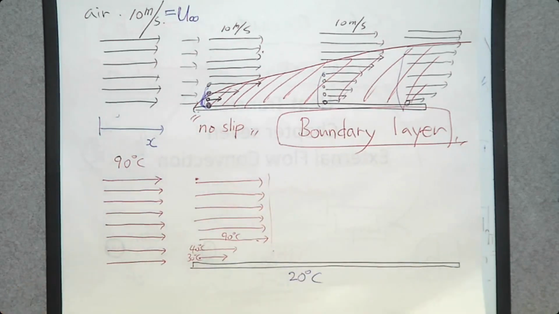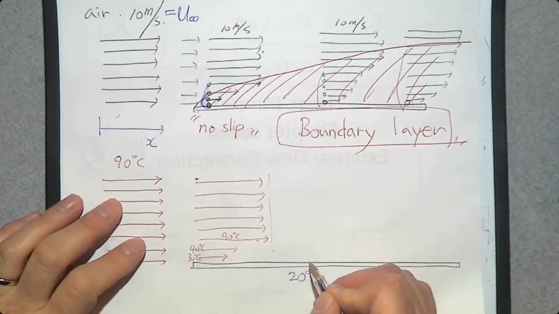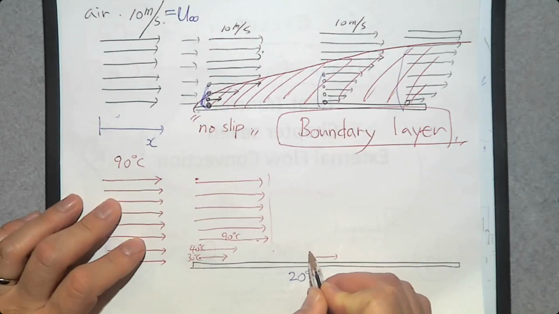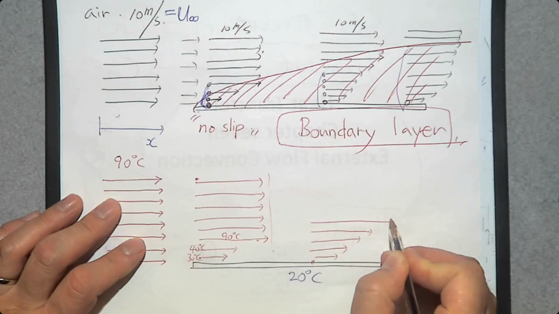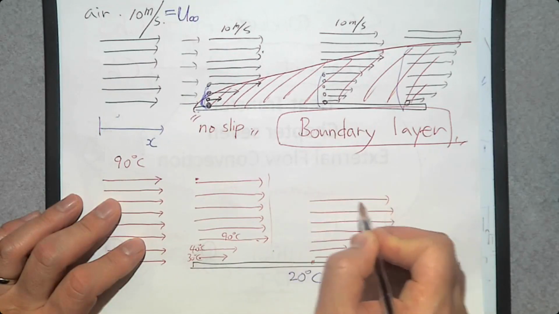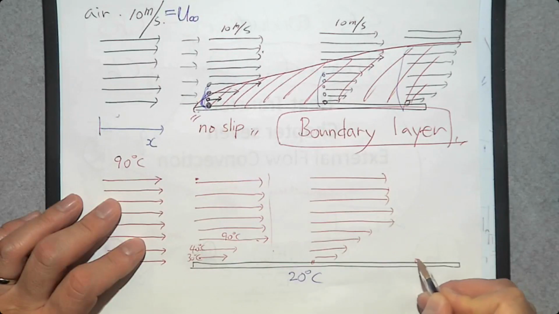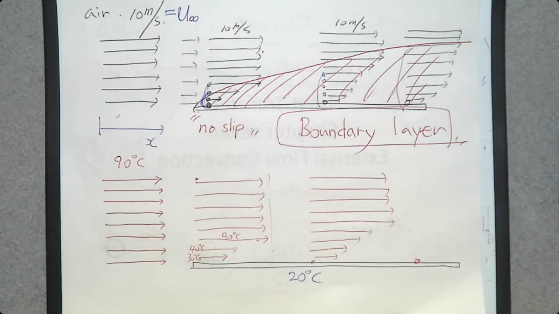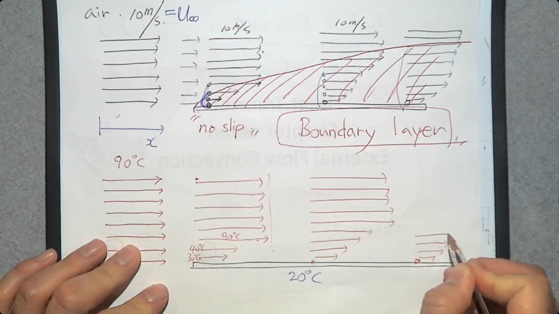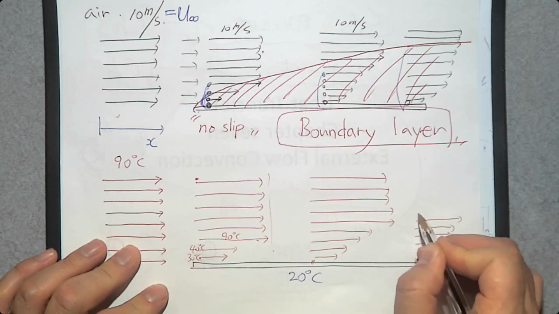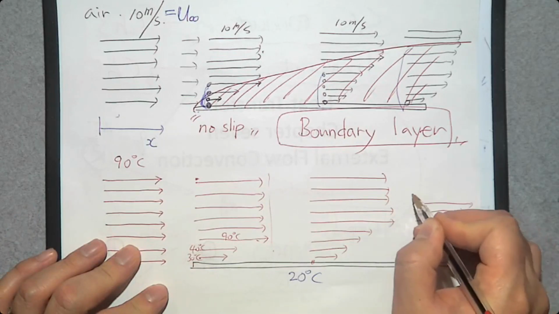There's a heat transfer from 90 to 40, so it goes on, and the temperature is going to reduce further from the surface. About here, maybe 20, 30, 40, 50, and 90. What about here? More heat transfer from the fluid to the surface. So 20, 30, 40, 50, 60, 70, 80, and 90.